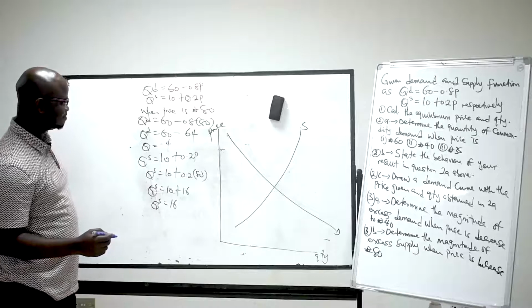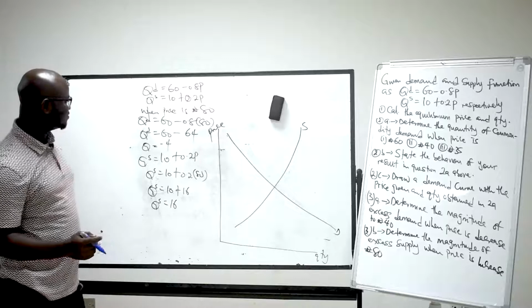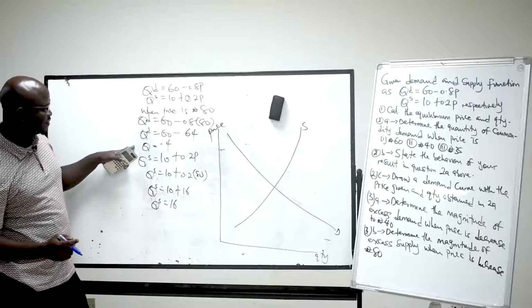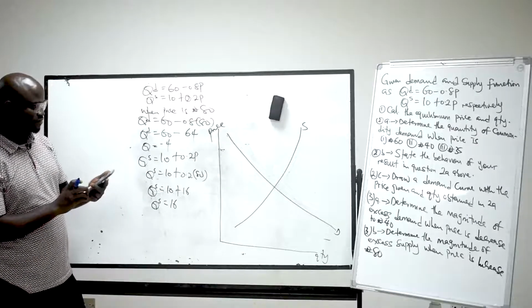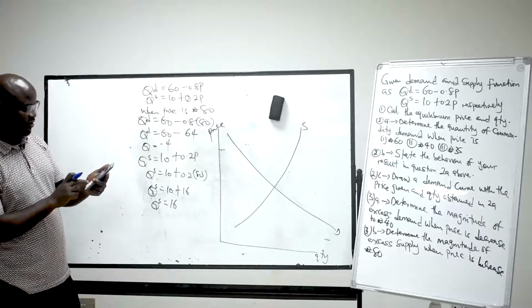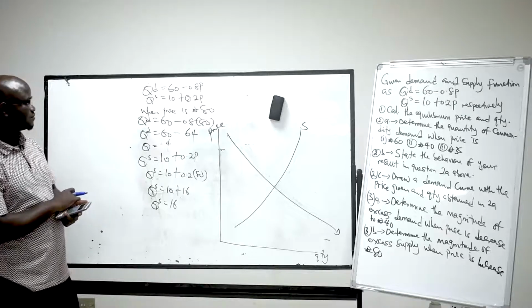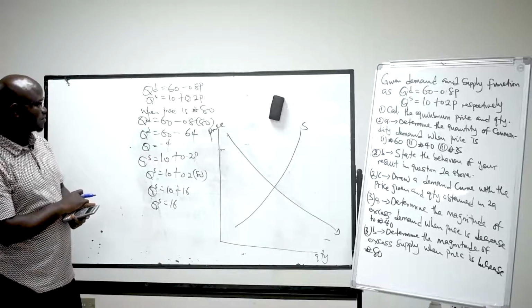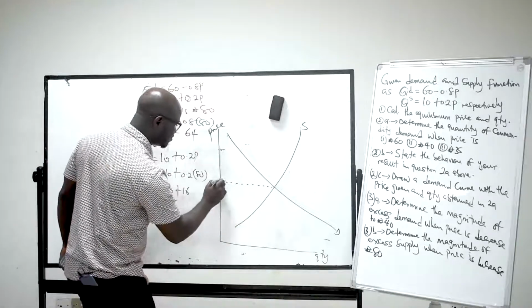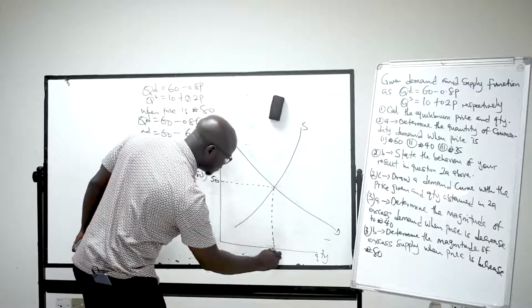The quantity supplied to the markets is positive, and this one is negative. So let's say the initial equilibrium here, we have price 50. If we trace this down, we have quantity 20, right?